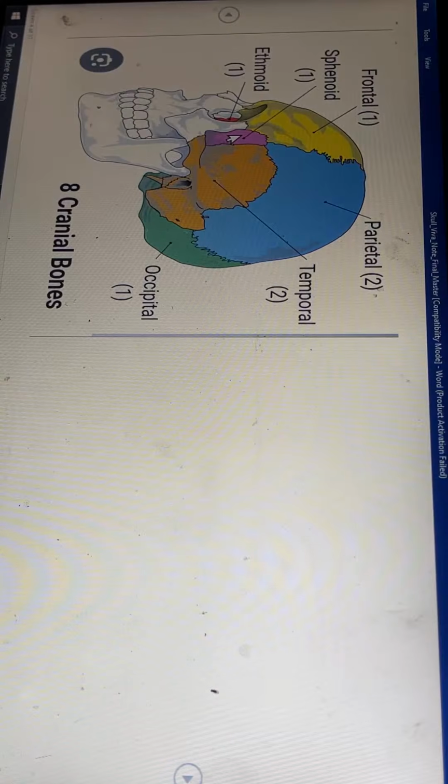Whenever you are given the bones of the skull, use this BLS formula. It will help you have a lot to say, gain a lot of marks, and give you precision and direction.